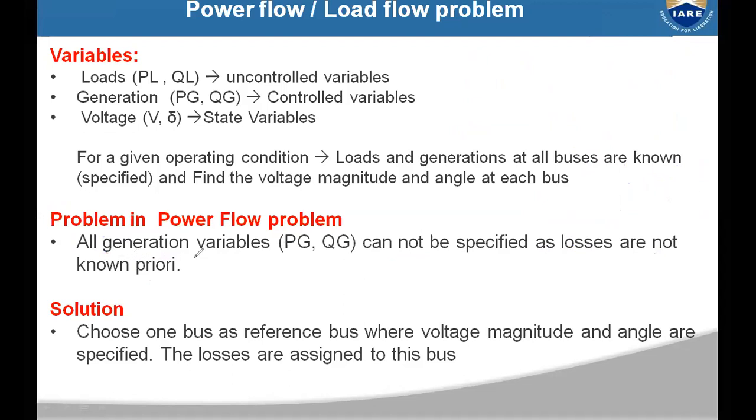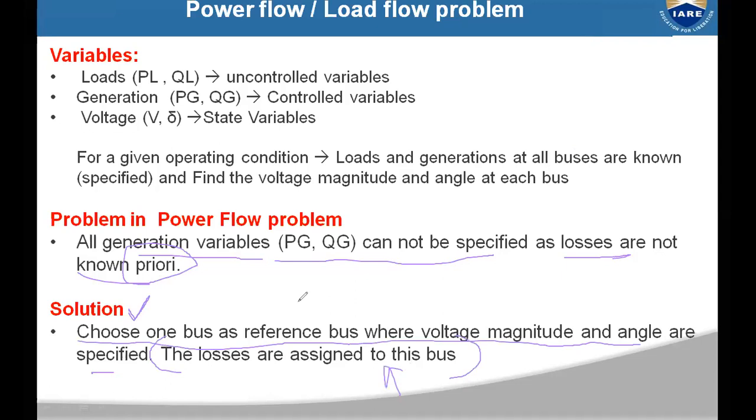So all the generation variables PG and QG cannot be specified unless the losses are known a priori. Since we don't know the losses beforehand, you don't know how much PG and QG should be specified at the generator. So the solution is to choose one bus as the reference bus, where voltage magnitude and angle are specified, and these losses are assigned to this bus.